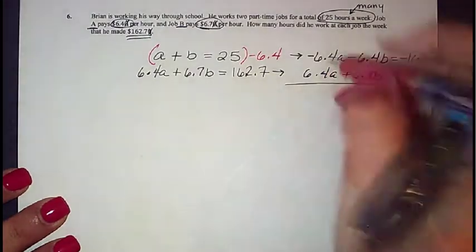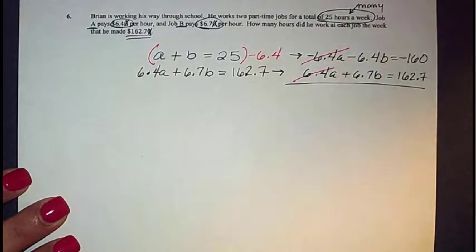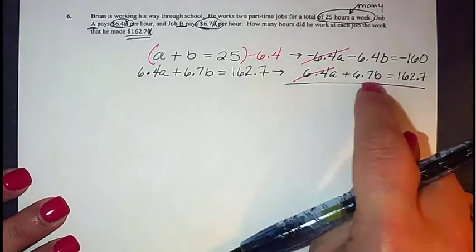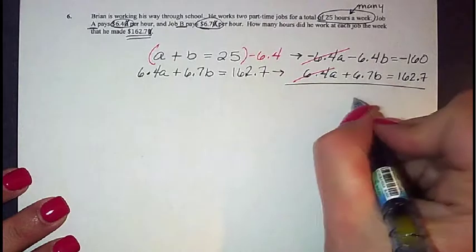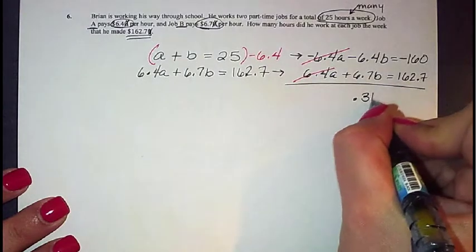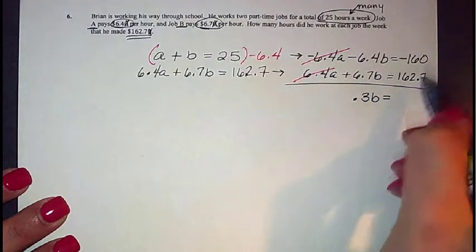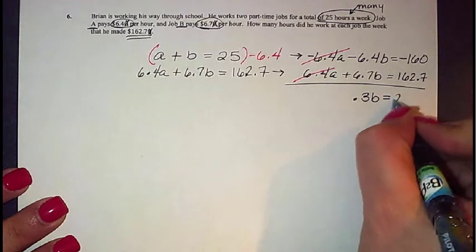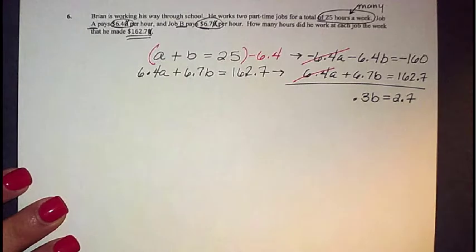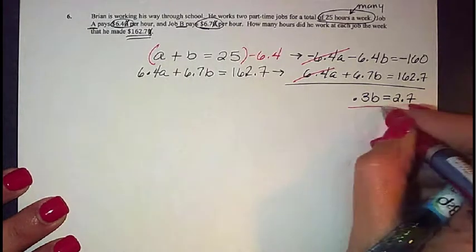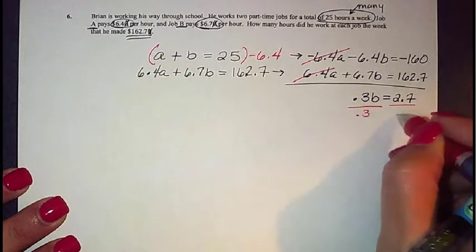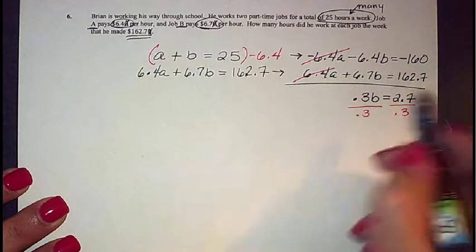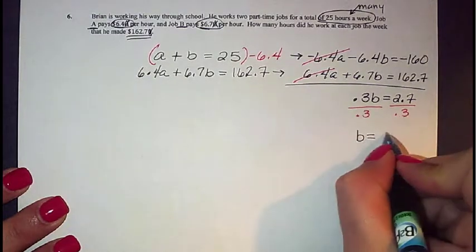Again, my A's should be canceling since those are the ones I wanted to eliminate. I've got 6.7 minus 6.4, which is going to give me 0.3B. And we've got 162.7 minus 160, which is going to give us 2.7. So now we're going to divide by 0.3 on both sides. That's going to give us how many hours he worked at job B, which would be 9.